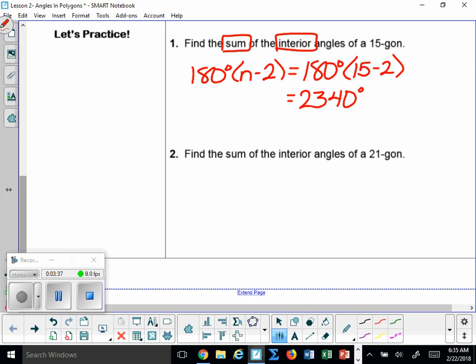2,340 degrees. Now I want to remind you, something we've been talking about since Unit 1 is I want to see the formula, because that tells me you know what you're supposed to do to solve the problem. I want to see the substitution, because that lets me know if you were on the correct path toward getting the right answer. And then I want to see the answer.